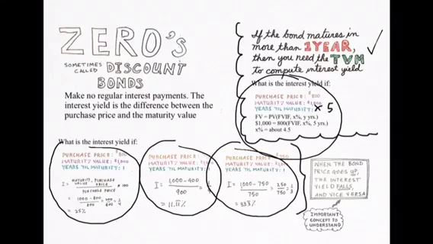The future value is the maturity value of the bond, and the present value is the purchase price of the bond. And in this case, the bond matures in 5 years. You can use this little present value formula here to determine that this bond will pay about 4.5% per year.